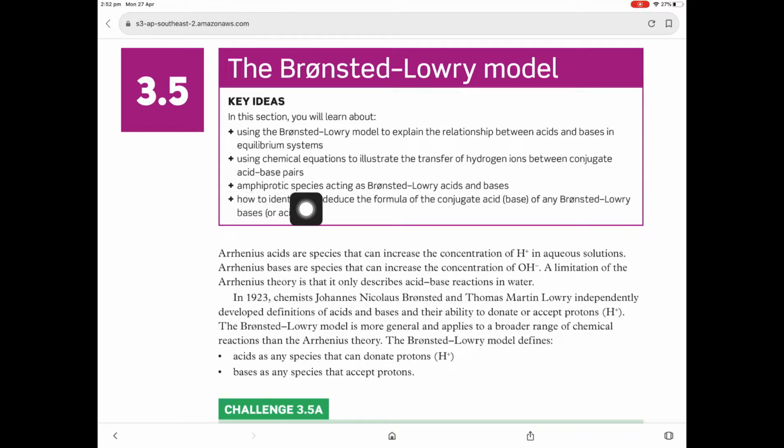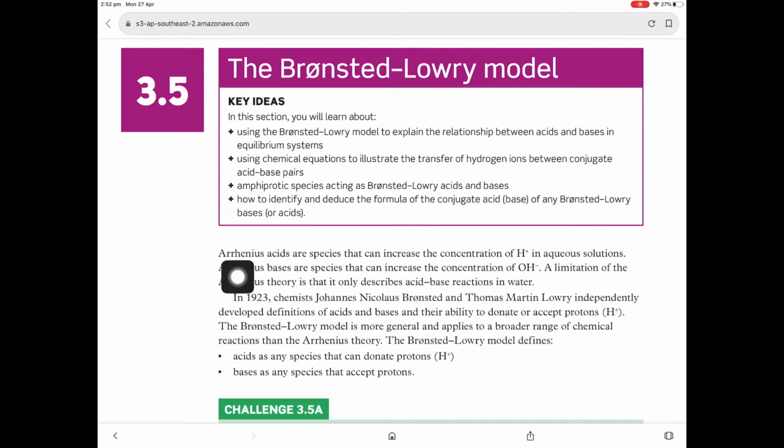We're looking at amphiprotic species. A species, by the way, is just a chemical. We're looking at some of these chemicals that can act as both an acid and a base. And we're going to identify and deduce the formula of the conjugate acid or base of any Bronsted-Lowry base or acid. Should be fun.